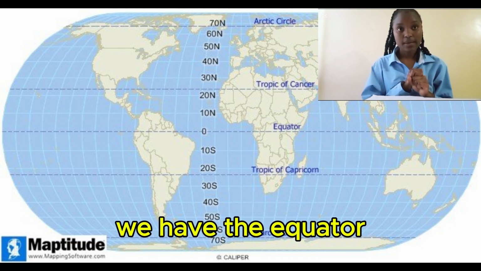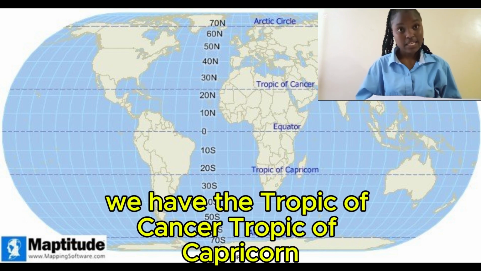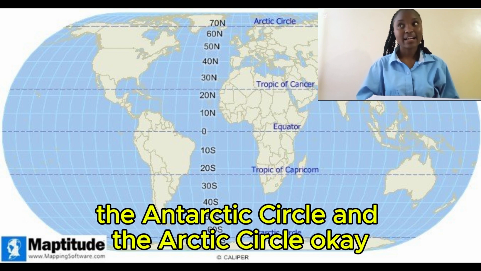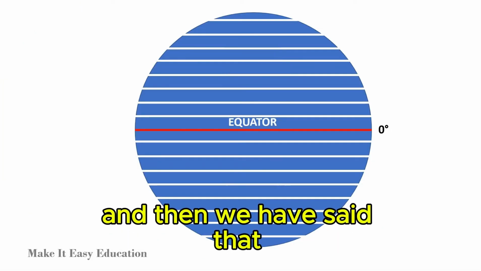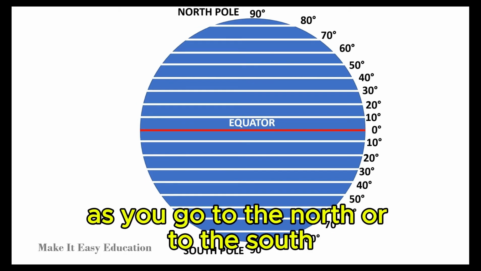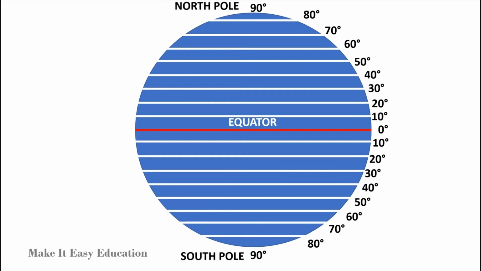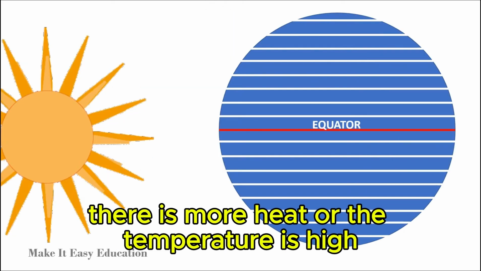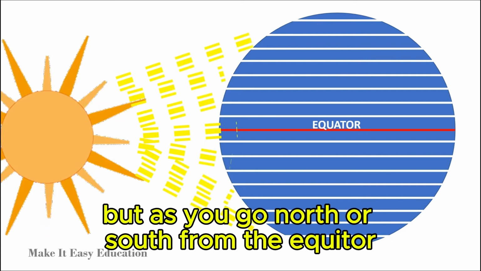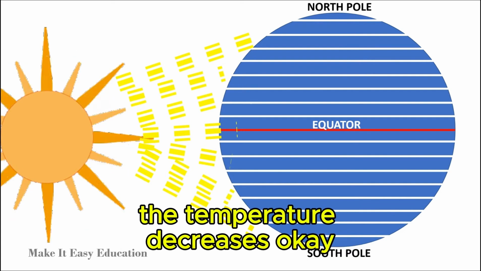We have the equator, the Tropic of Cancer, the Tropic of Capricorn, the Antarctic Circle, and the Arctic Circle. Okay, and then we have said that as you go to the north or to the south, the temperature changes, because at the equator there is more heat, or the temperature is high, but as you go north or south from the equator, the temperature decreases.